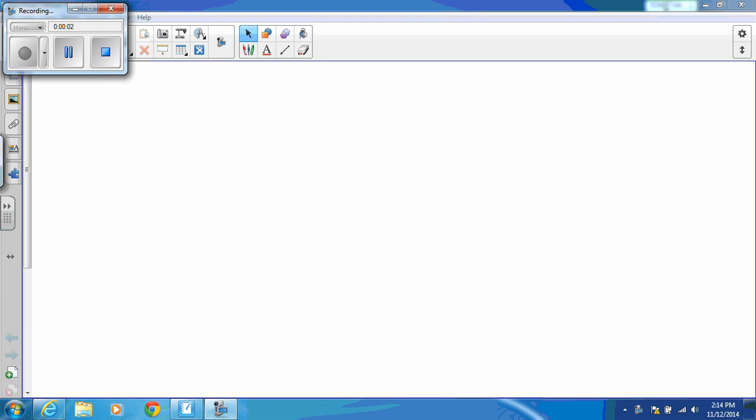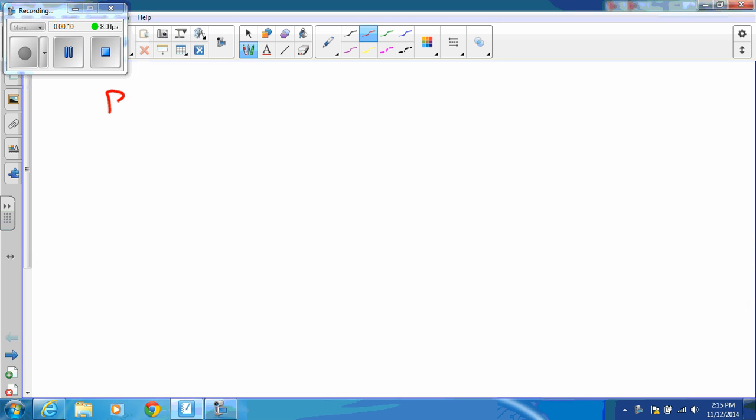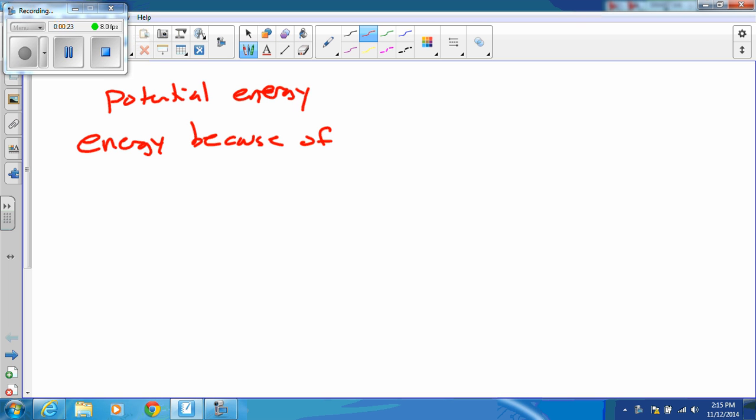Okay, our story so far is that we talked about computing changes in potential energy. In particular, we have talked about potential energy as energy that an object has because of its position.